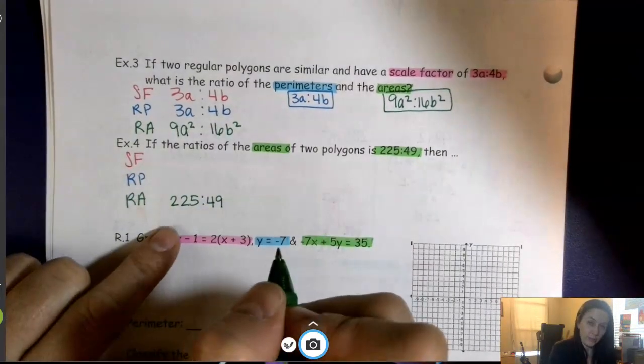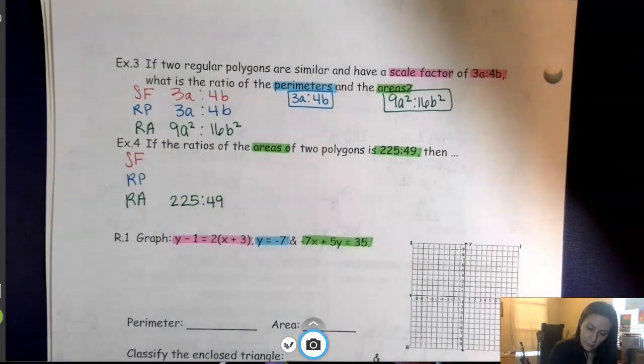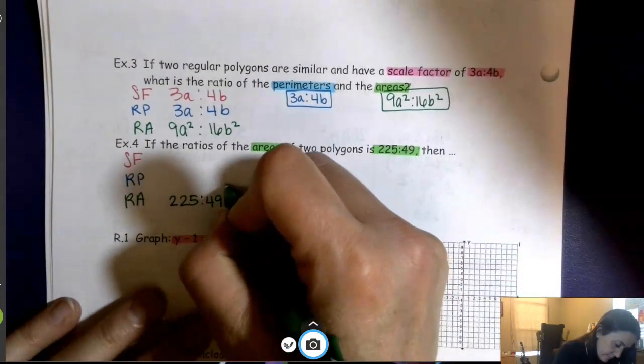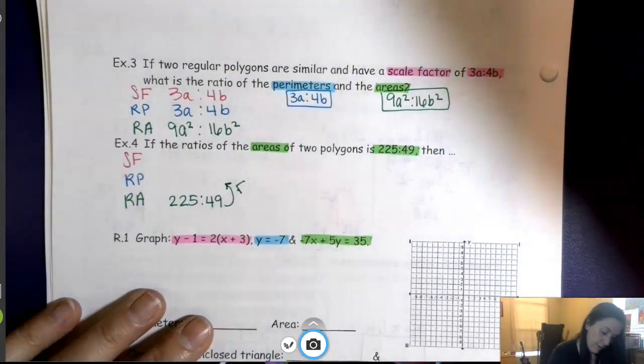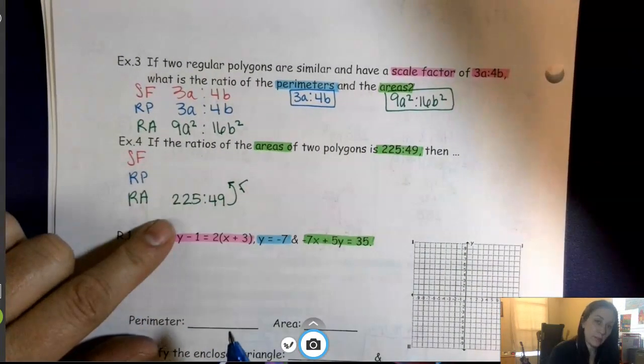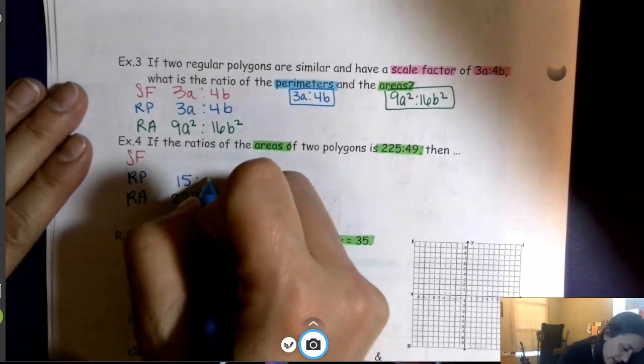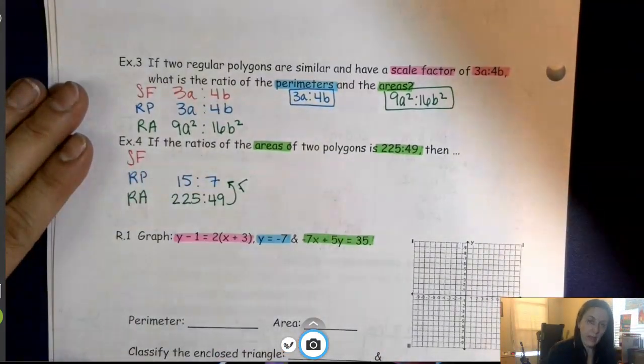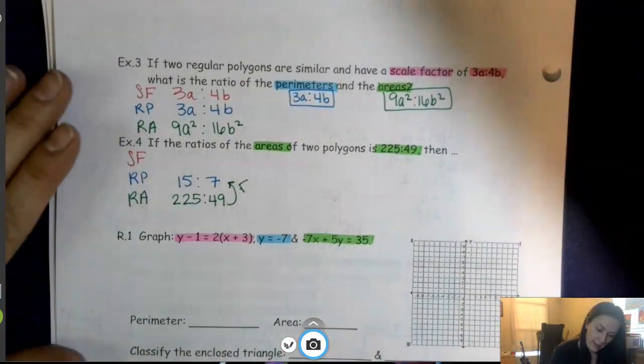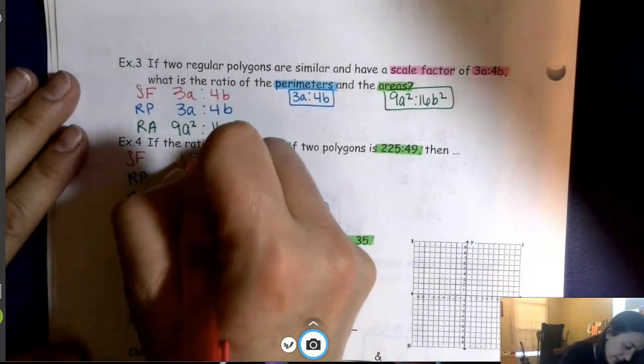So what I need to do is take the square root to get back up here. So the square root of 225 will be 15. Square root of 49 will be 7. And whatever that is, my scale factor is going to be the exact same thing.